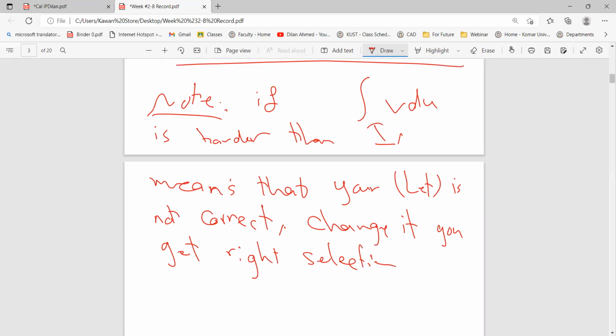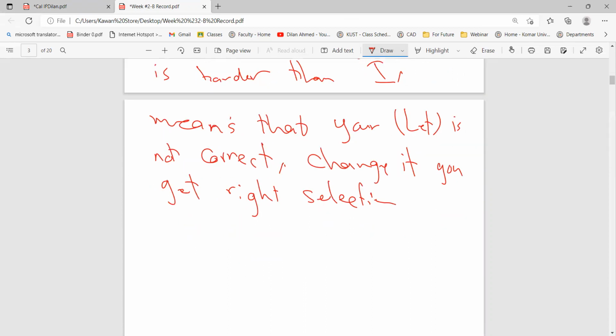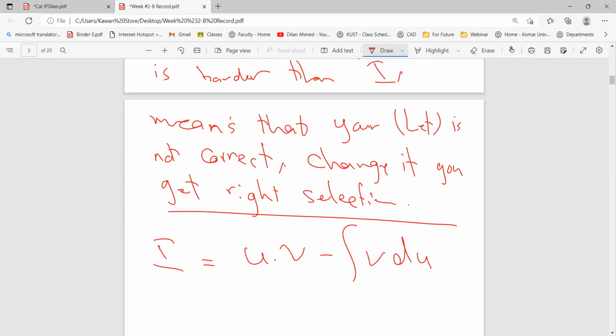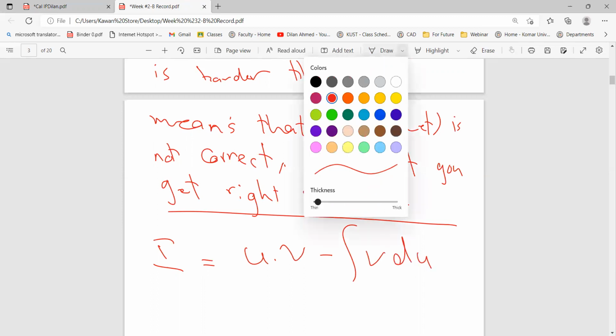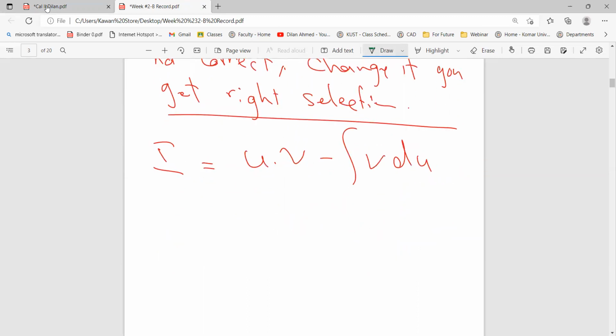What do you mean by that? We say that if I have I, which is equal to uv minus v du, if that one is easy, it's simple, easy, you are right.